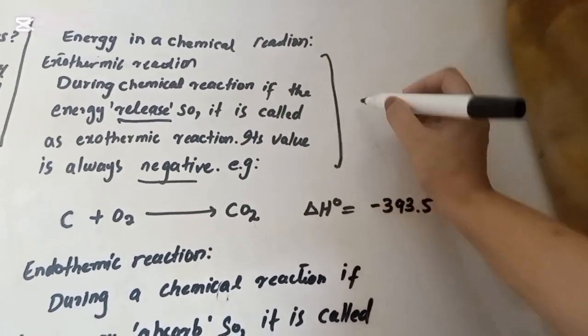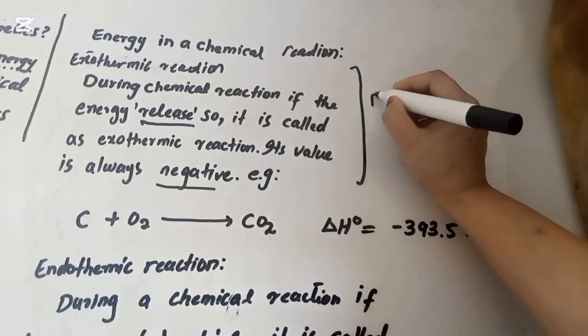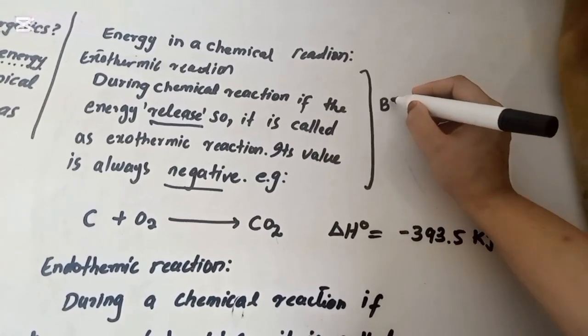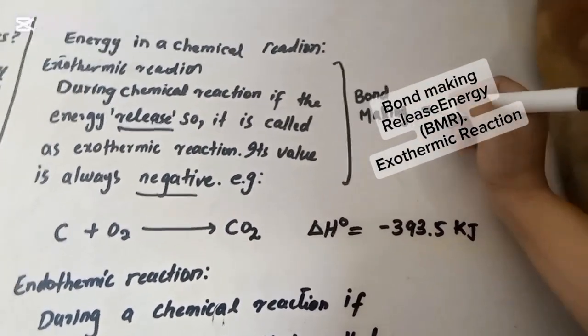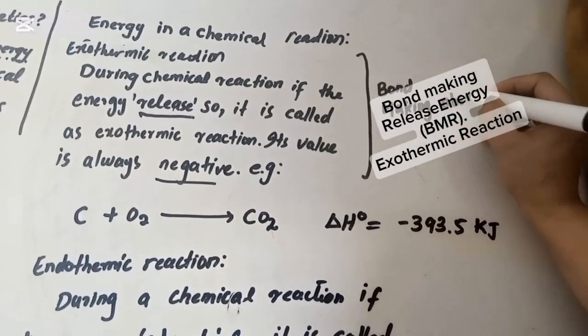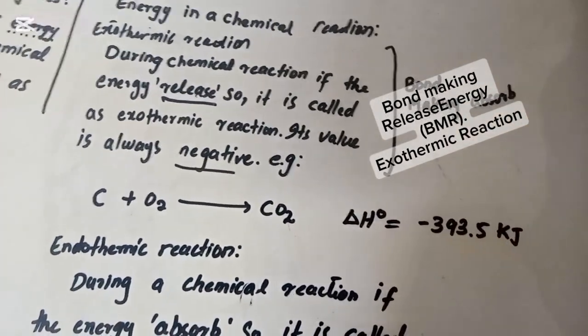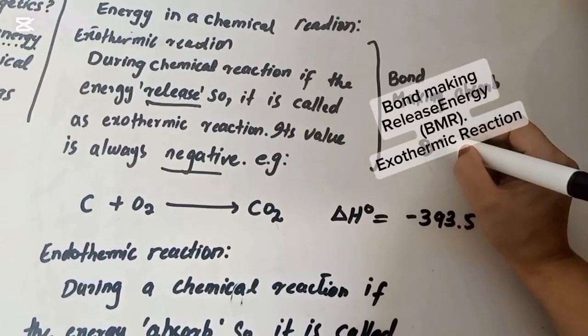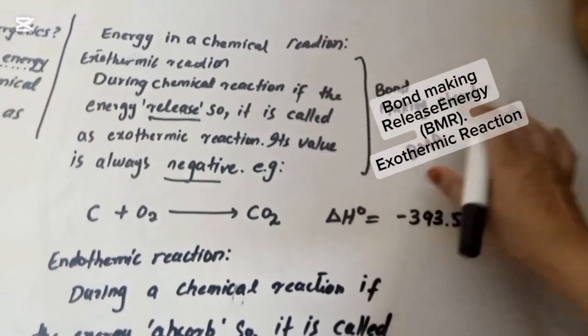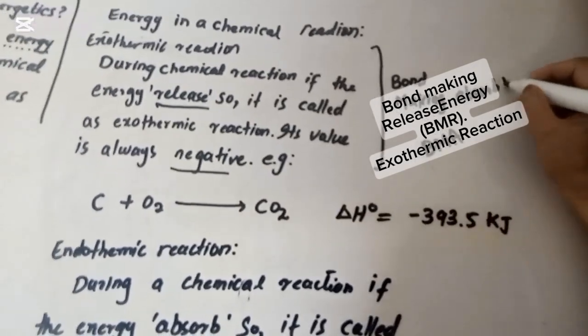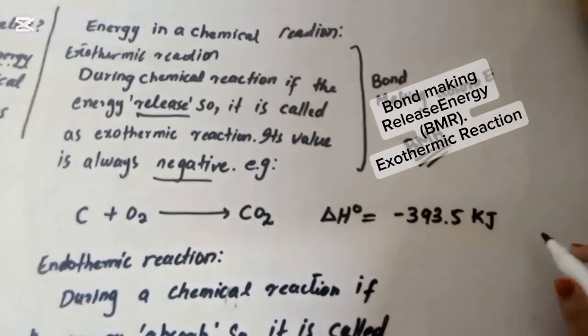Now, if we consider the exothermic reaction, during an exothermic reaction, bond making occurs, and bond making releases energy, and we can represent it by BMR. B for bond, M for making, R for releasing.